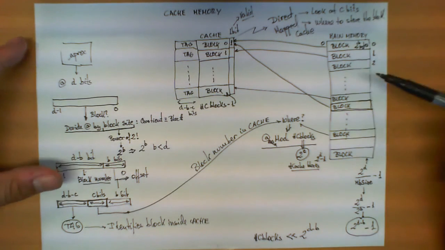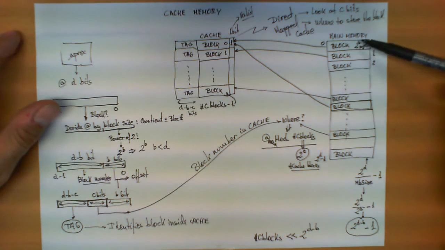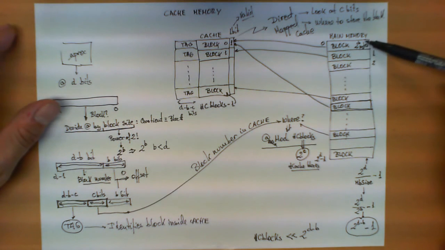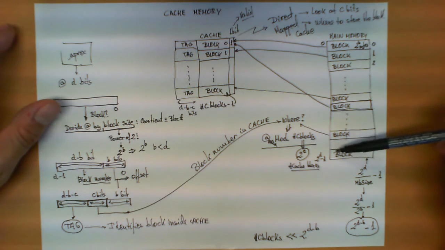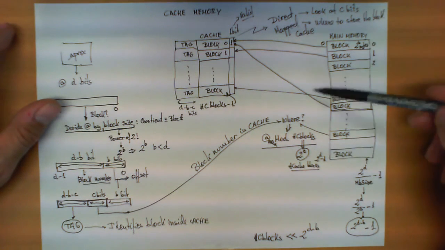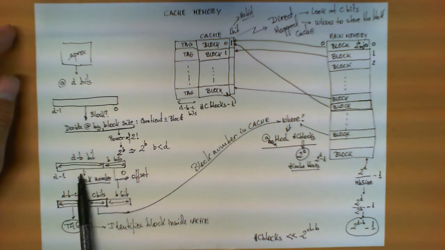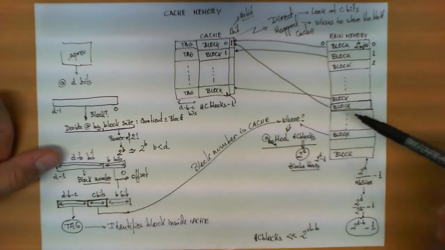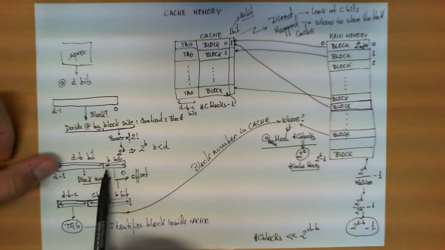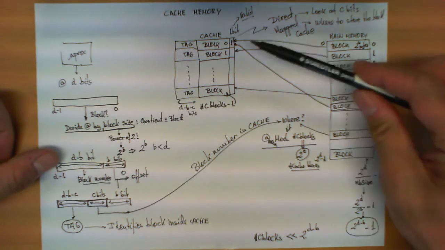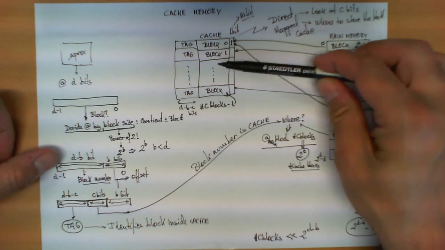Now remember, very important, the main memory is divided into blocks. These blocks are of a size that is a power of 2, and they divide exactly the total amount of memory. This is very important because with this condition we simplify the division operation that is needed to figure out in which block is one of the memory addresses of the microprocessor. Once we have established that, the cache memory will have a subset of blocks.